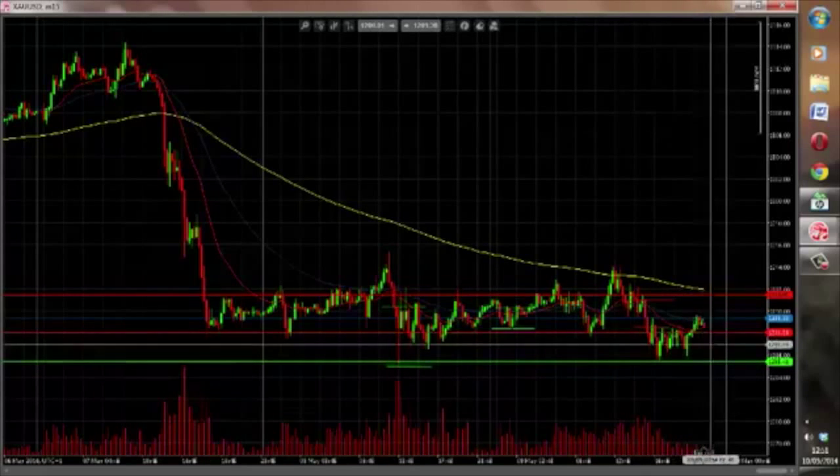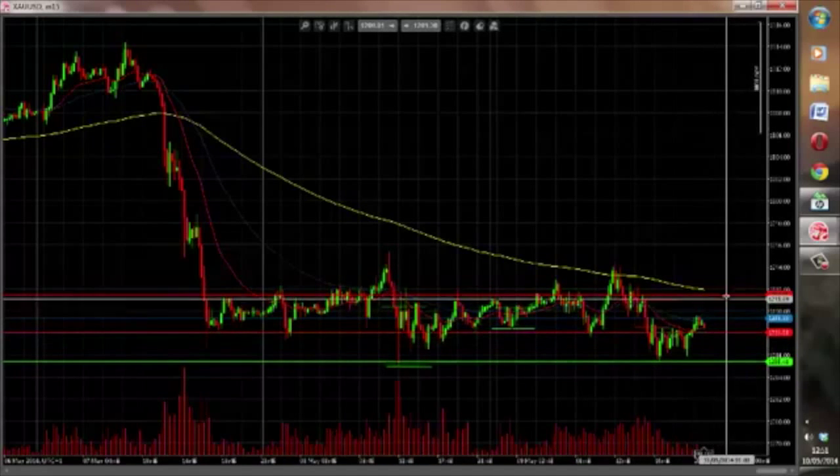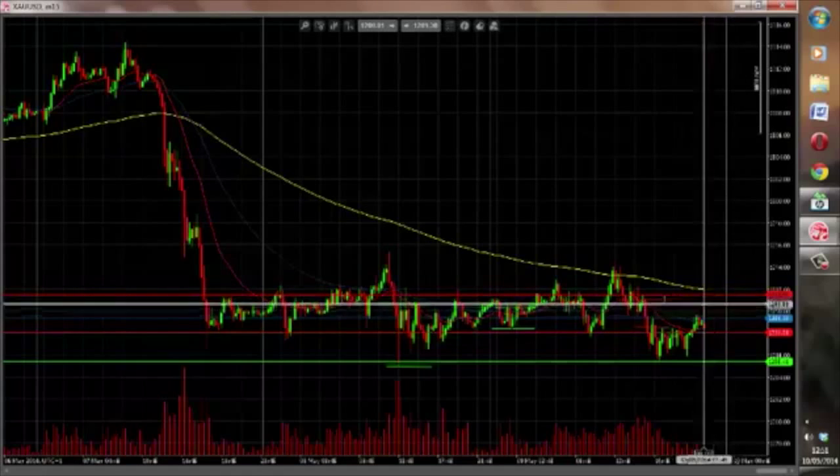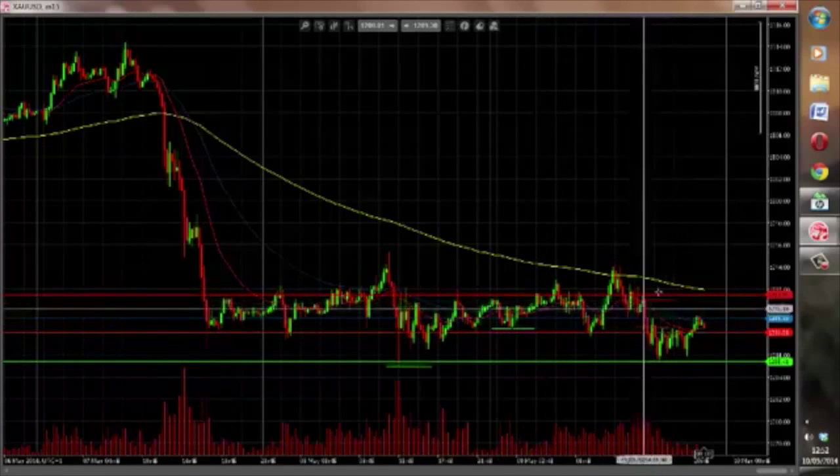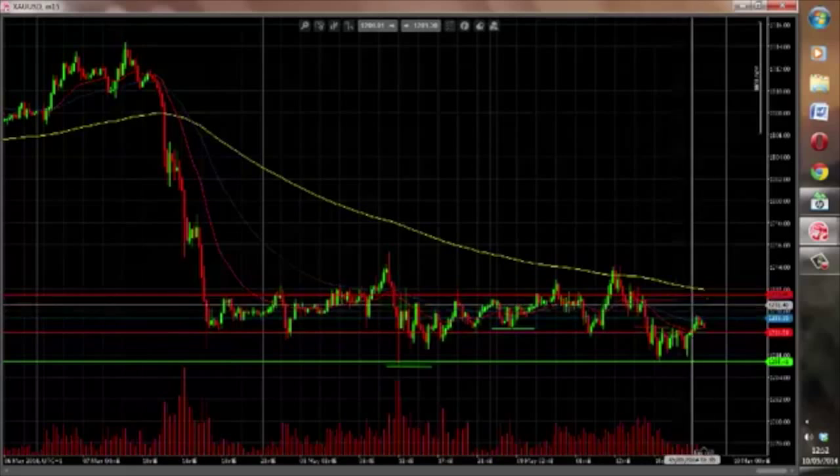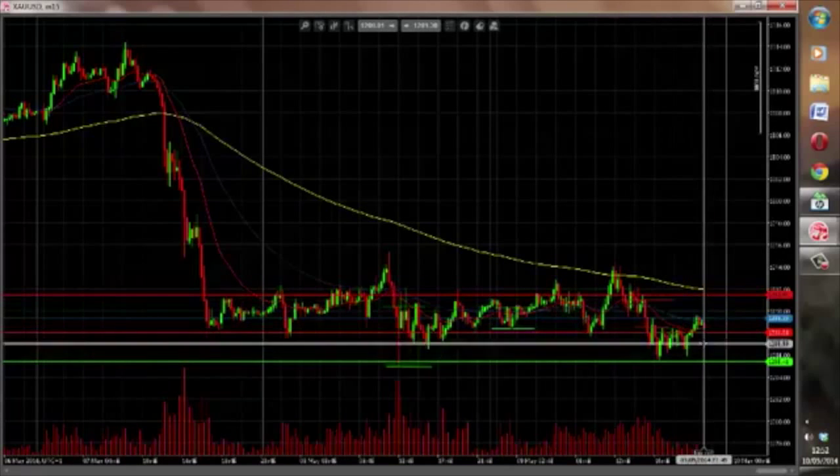And if you buy the market at this point, you have to be aware that there's also strong resistance that is formed because of the selling that came in here at 1291.45.